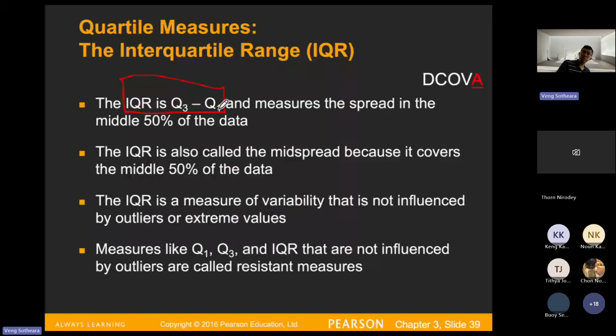How far is it from Q1 to Q3? So you see the word range. Range is something that we learned last week. So what is the range? Is it a measure of center or measure of spread? A measure of variation.